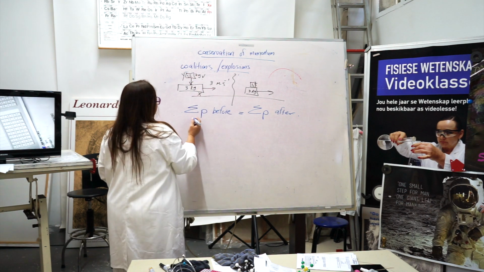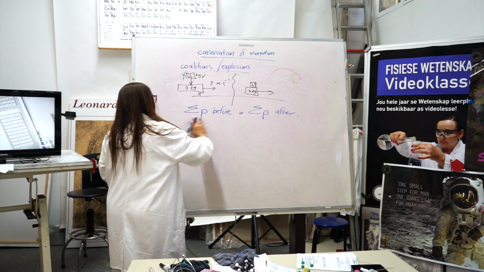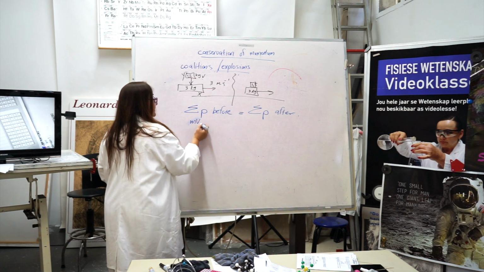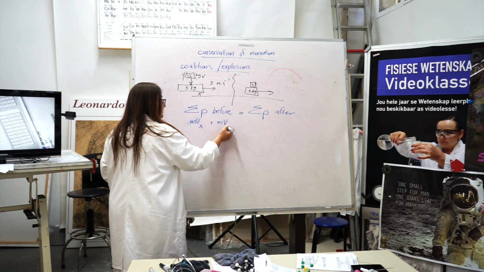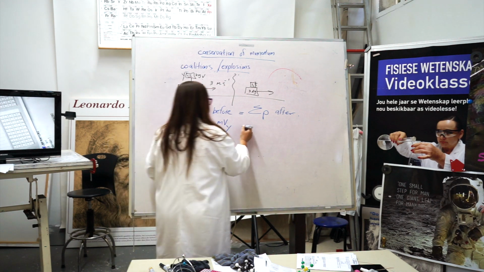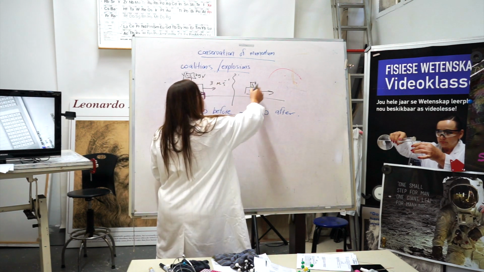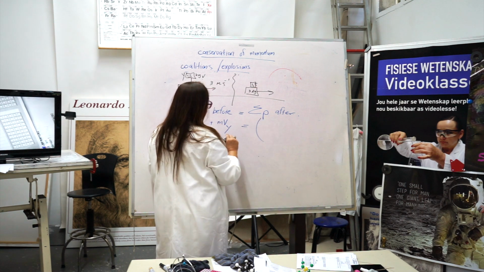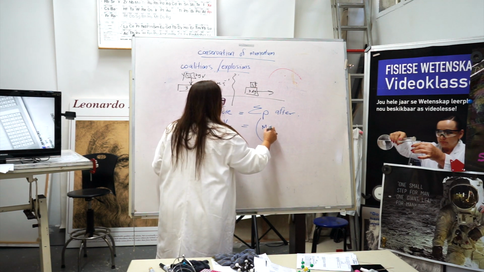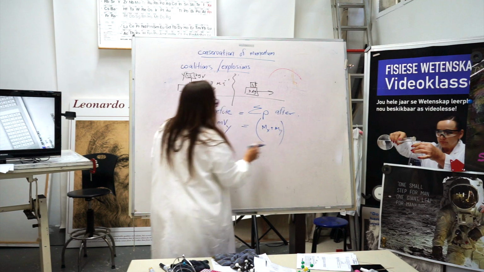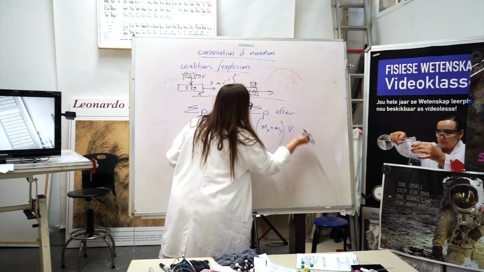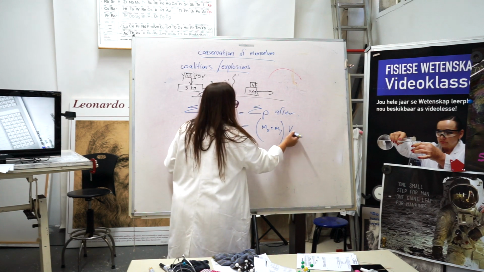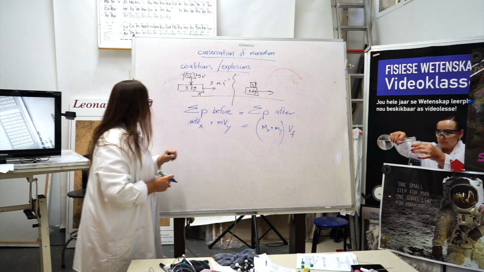So let's say we've got X. That's the mass times the velocity of trolley X plus the mass times the velocity of trolley Y equals, and because they're going to be stuck together, the 2 masses added together, traveling at a certain velocity, so let's say a final velocity.